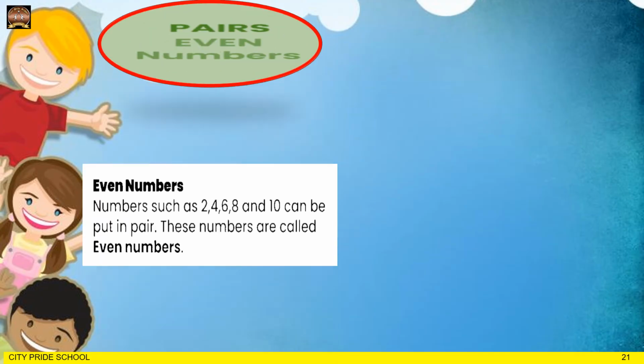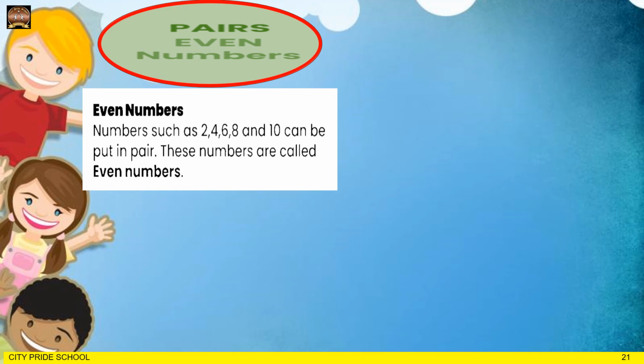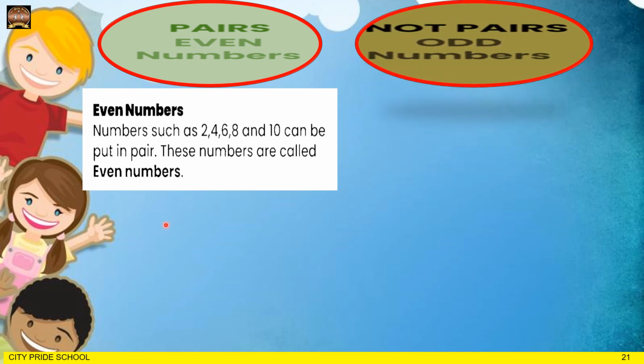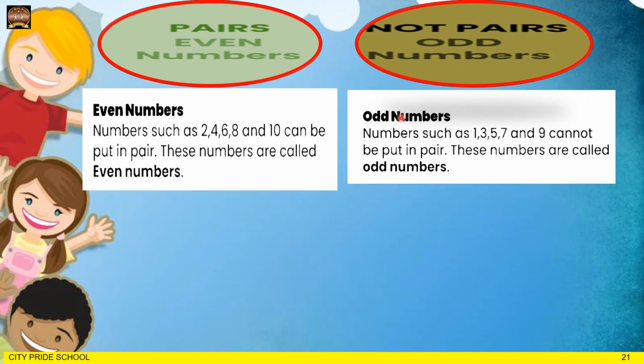Now pairs are the even numbers. Even numbers such as 2, 4, 6, 8 and 10 can be put in pairs. These numbers are called even numbers, right? And not pairs are odd numbers. So odd numbers such as 1, 3, 5, 7 and 9 cannot be put in pairs.